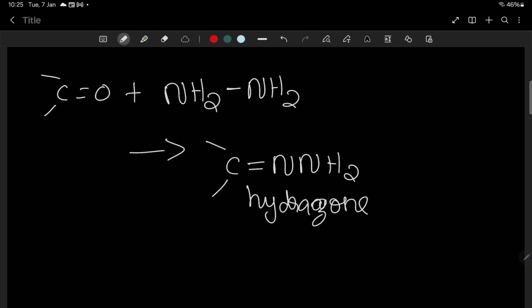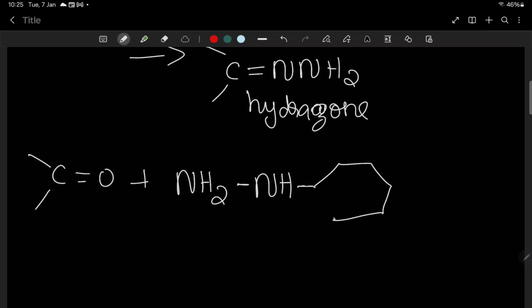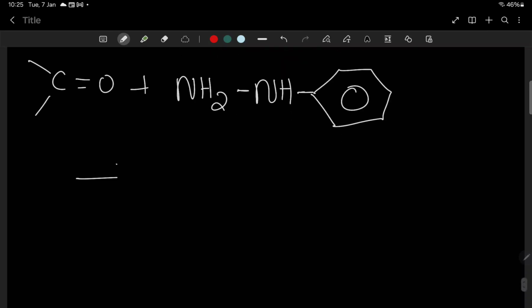This name is very important, the hydrazone. Now I am taking C double bond O and adding phenylhydrazine, that is NH2 NH and a phenyl group. The product we get is called hydrazone.